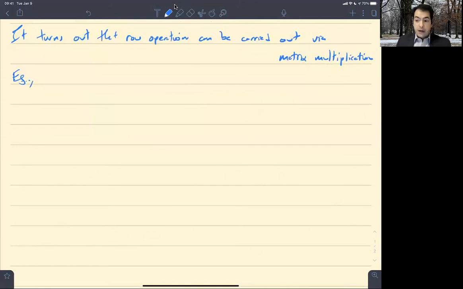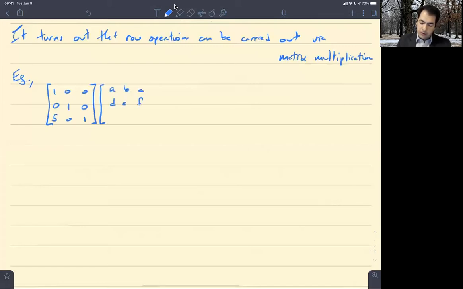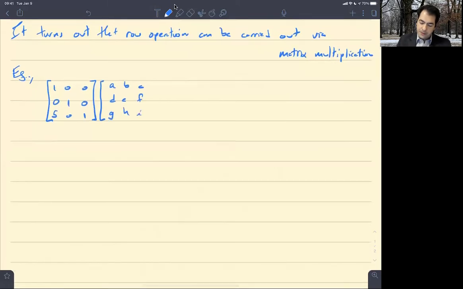So our first row operation is to add a multiple of one row to another. So suppose I start with the matrix, let's just use 3 by 3. Suppose I start with this matrix, and then I multiply an arbitrary matrix of size 3 by 3.